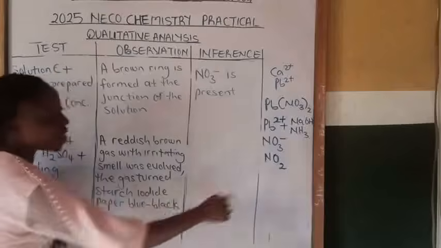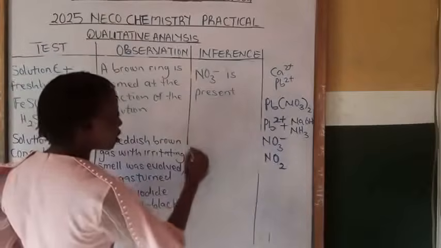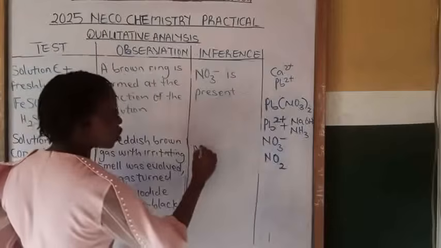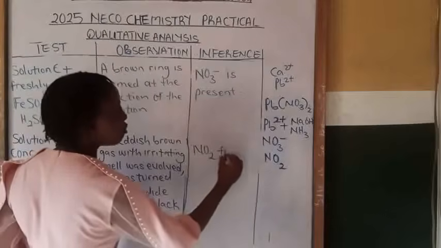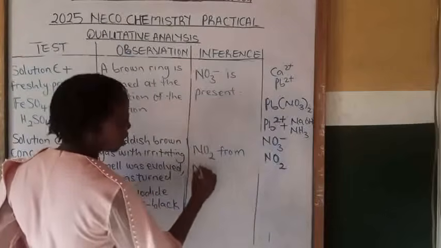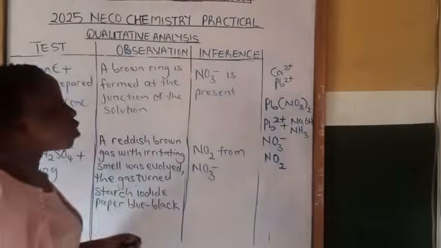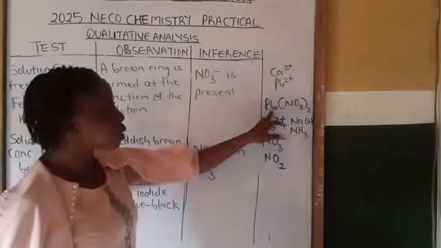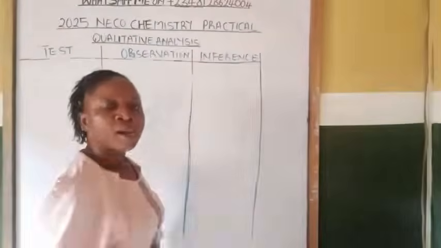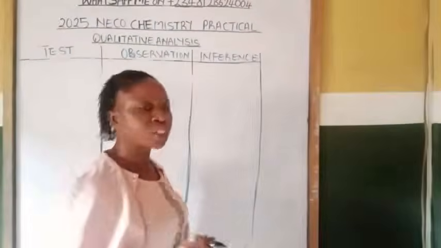So to confirm the presence of NO2 gas. So therefore, the gas is NO2 from NO3 minus. So we are done with the test for the first sample, that is sample C. Let's talk about sample D.